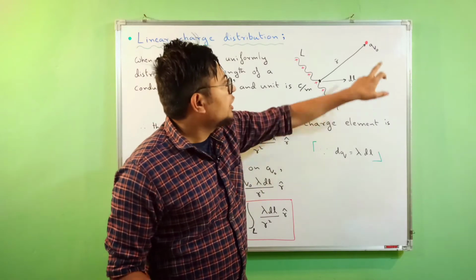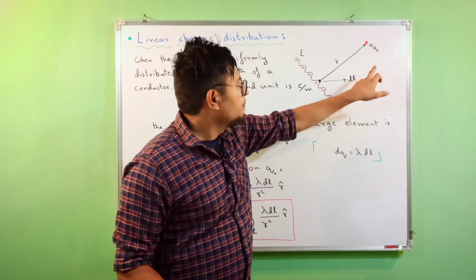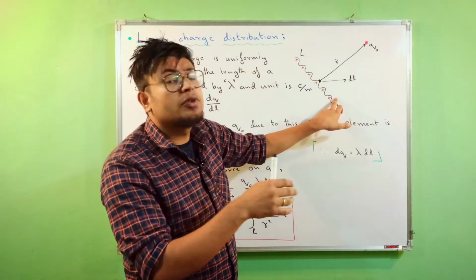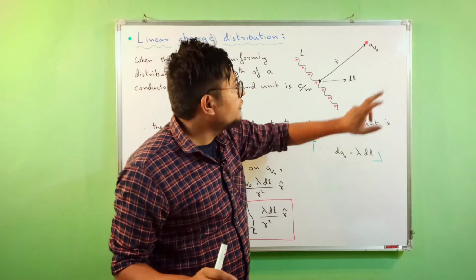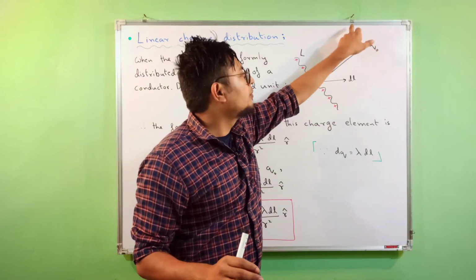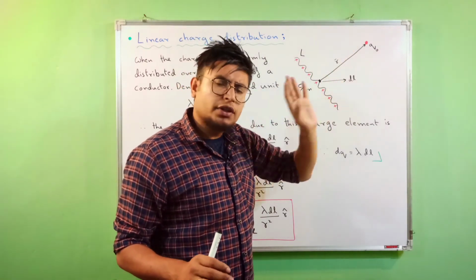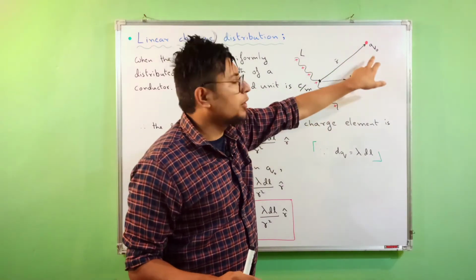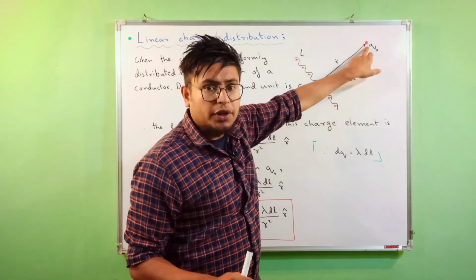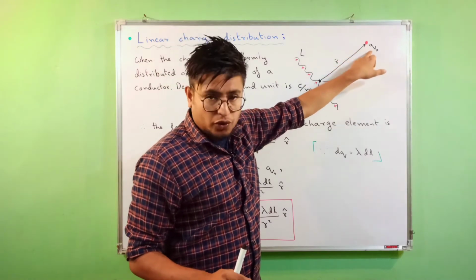Now in this case, if I place this Q naught out here, it is going to mean the same because it is continuous. That is, charge is being distributed uniformly. So if I place this Q naught here or on any side of the line, it is going to experience the same force at any point. For my convenience, I am keeping it on this point, and this r is the position vector of this Q naught.